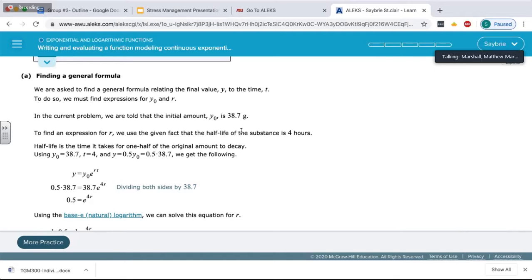Take a picture of this. Half-life. So y is 0, 38.7, t is 4, y is 0.5 times the initial, 38.7.